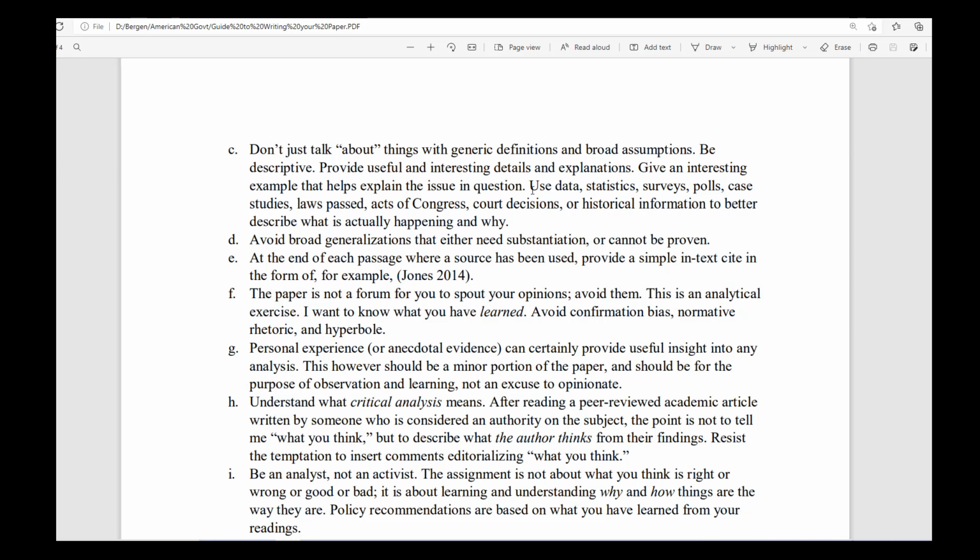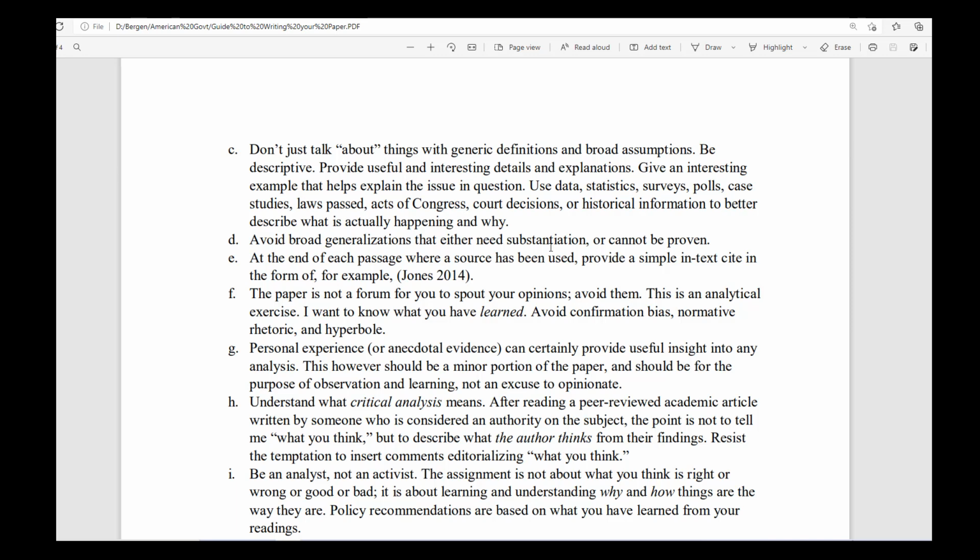If you're talking about a particular issue, throwing a couple really vivid examples out there helps the reader understand what's going on. Rather than just generically say that, oh, a lot of people think this or that, well, use a survey instead. There's lots of polls and survey data out there. That way you can add a sentence that says, oh, 73% of people actually believe this.